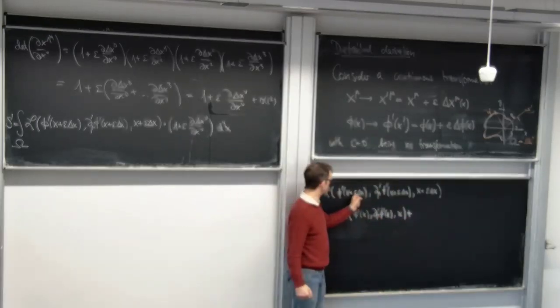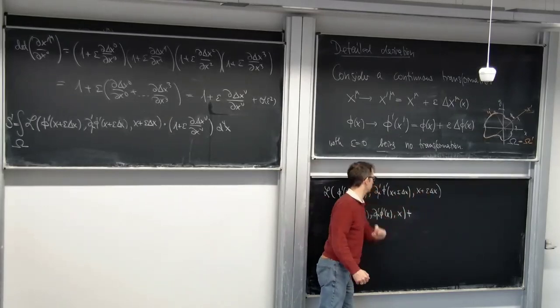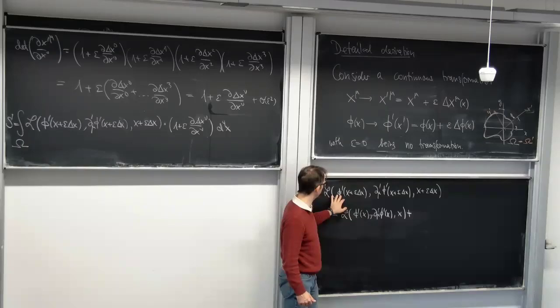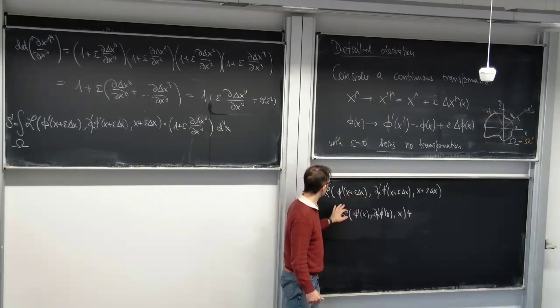There are several places where this epsilon appears, there, there, and there. I could be very specific and differentiate with respect to this first argument, the phi prime here, and then have an inner derivative with respect to epsilon, which is the same as with respect to x.